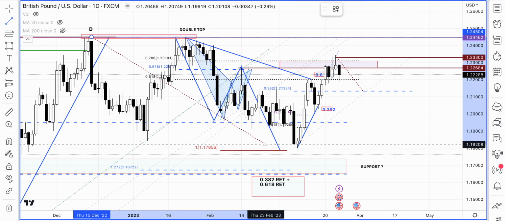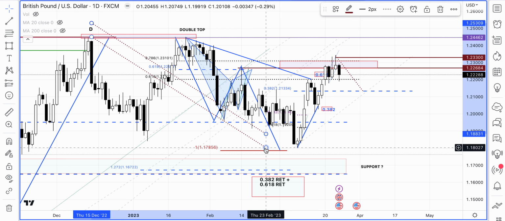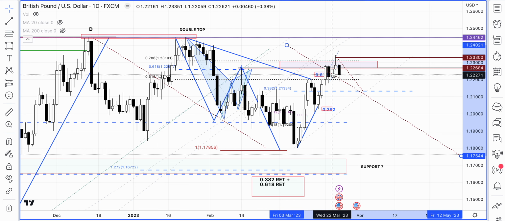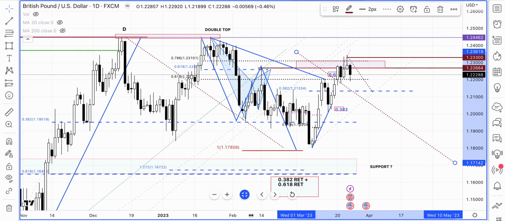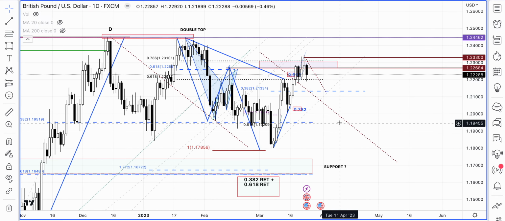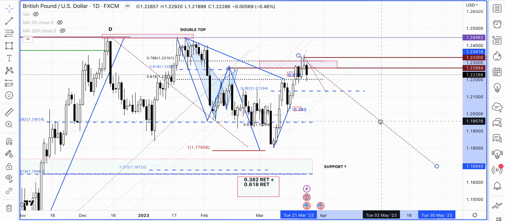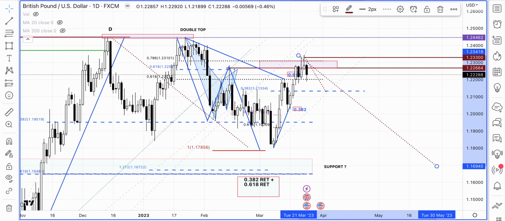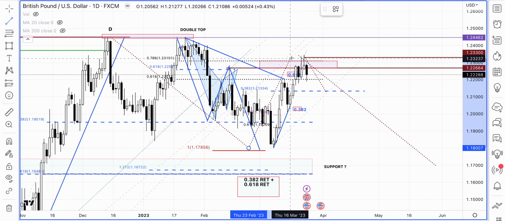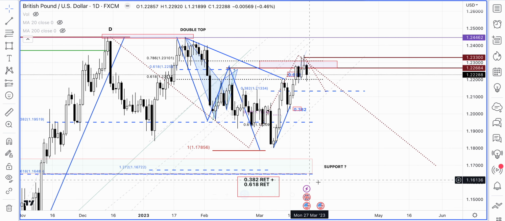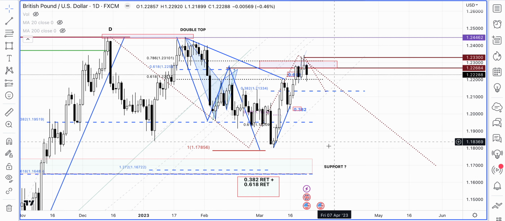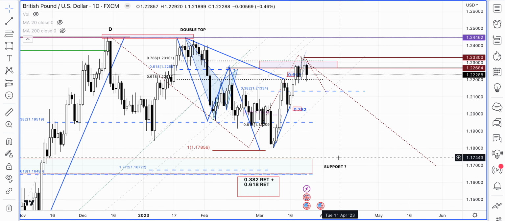So if we look at here, let me actually draw it a little bit differently. Here we go. There we go. And if it gets down here to this support, this will be a pretty strong support level, because this will be the first 38.2% Fibonacci retracement with an ABCD.